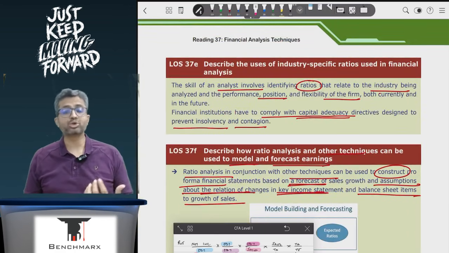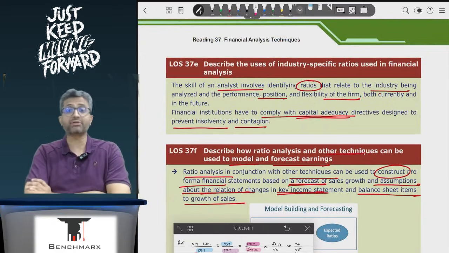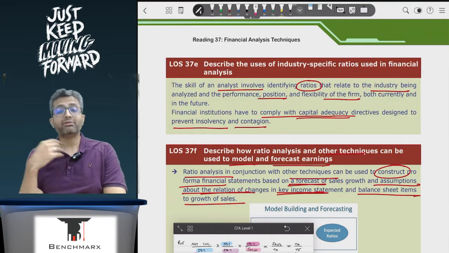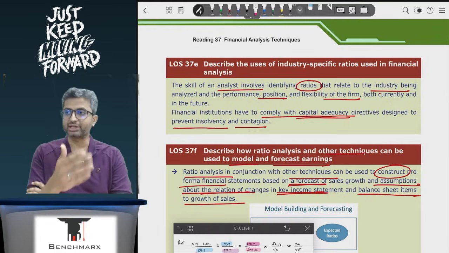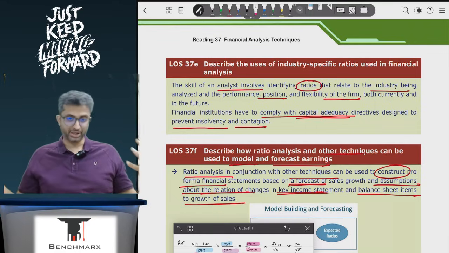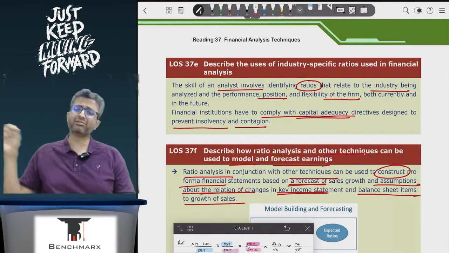Now, in certain cases you might be required to use industry specific ratios which are used in financial analysis. For example, if you look at cement companies or telecom companies, they will look at ratios unique to that industry. Cement companies will use total value by capacity. Telecom companies may use ARPU, average revenue per user.